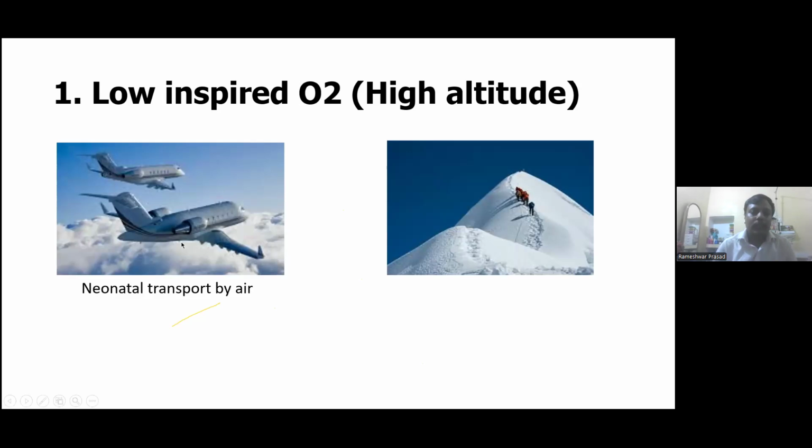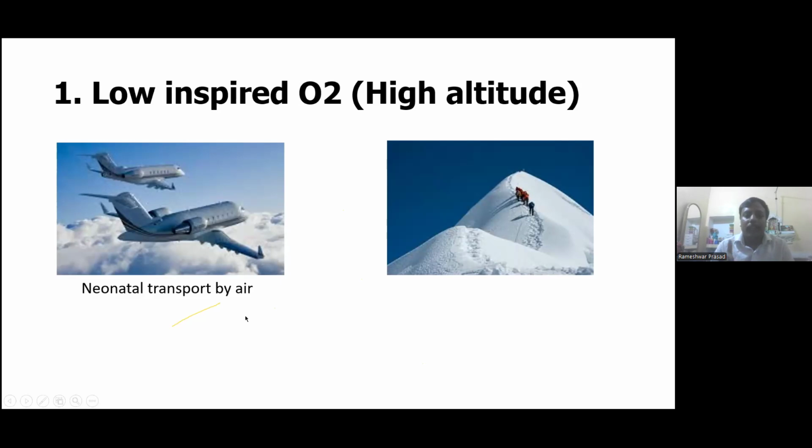This is a real world scenario where we go up above sea level. Suppose we are climbing the mountain, or we are transporting a patient by air at 8,000 or 10,000 feet above sea level.